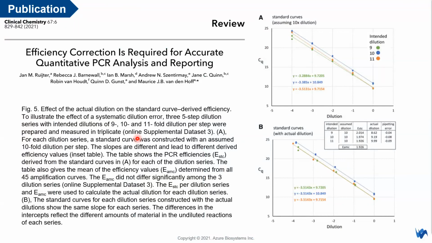For example, this publication this year, published in Clinical Chemistry, says that efficiency correction is also very important and is required for accurately quantitating the qPCR analysis, even though we use a standard curve. So we need to have both in dilution and actual dilution. If you're interested, you can check this paper out and see how they improve such a calculation method.